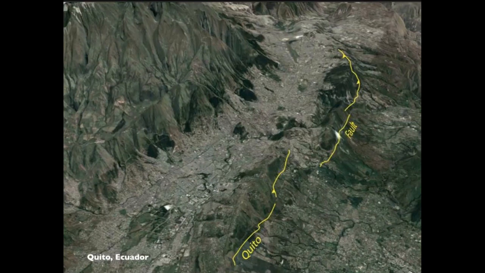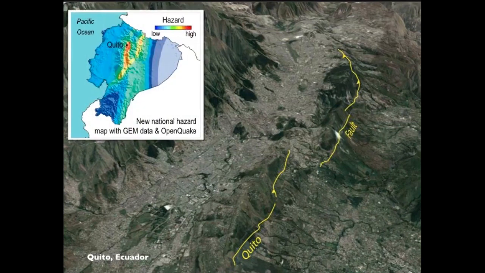So, with GEM's help, the Ecuadorian scientists built their first ever seismic hazard model, and as a result of that model, the government has requested that they produce a building code, and because there's a model, there can be insurance. This is the virtuous cycle that GEM aims to spawn in countries like this all over the world.